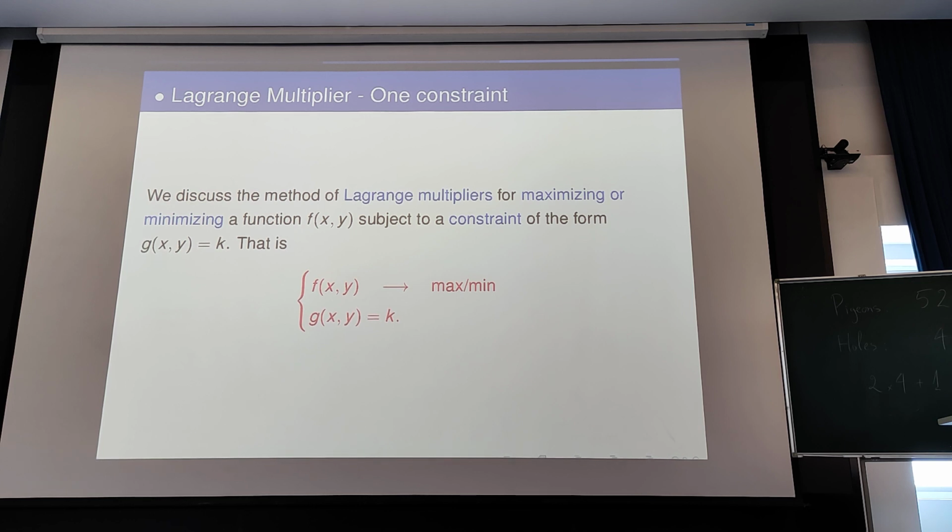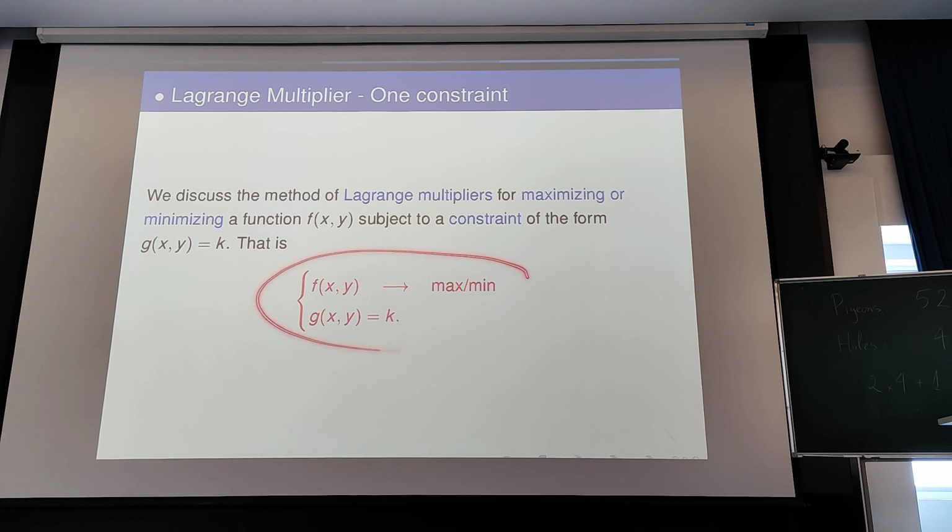We are going to discuss the method of Lagrange multipliers for maximizing or minimizing a function f of x and y, subject to a constraint of the form g(x,y) equals k.